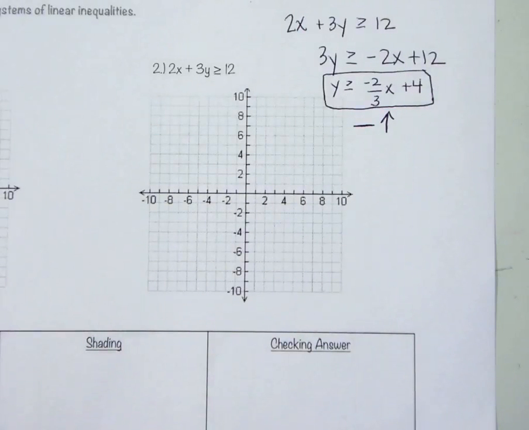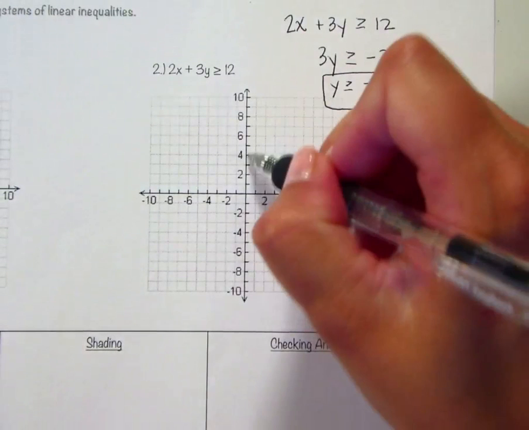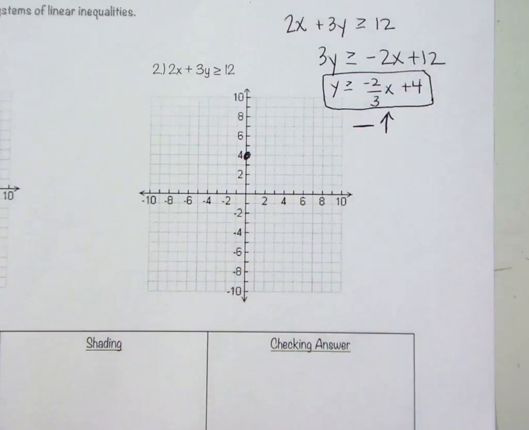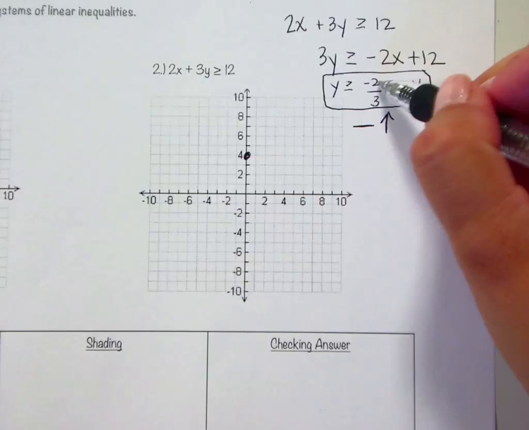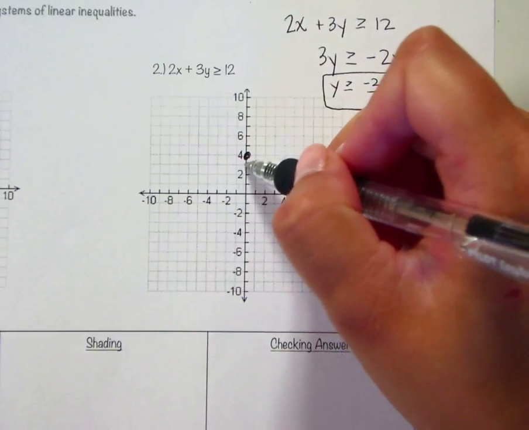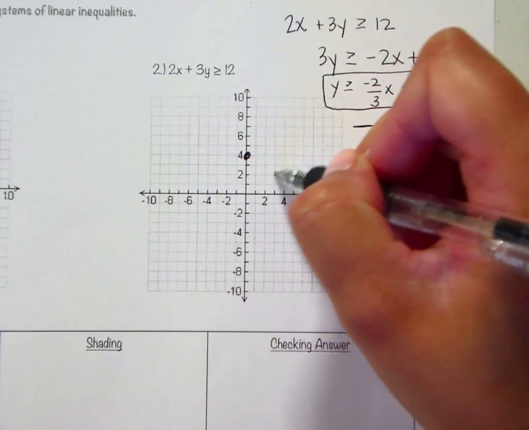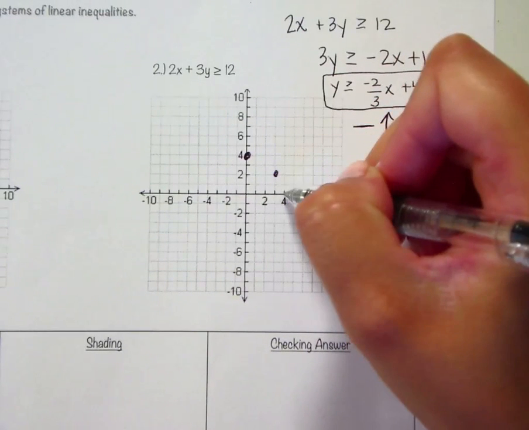Okay, so just some symbols before we actually go to graphing to remind us exactly what this should look like. So now we can plot our y-intercept at 4. Using our slope, we're going down 1, 2 over 1, 2, 3. You could do that again if you want.